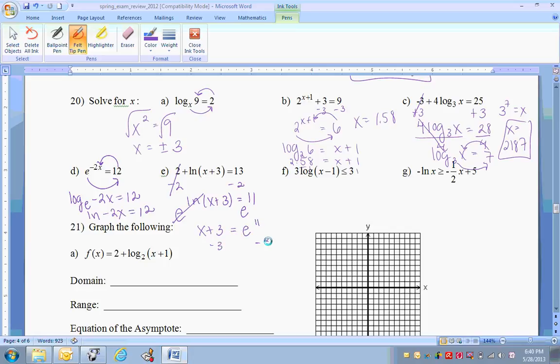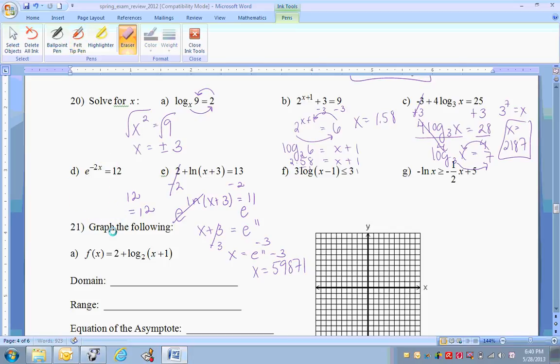Well, then you're going to subtract 3. So x equals e to the 11th minus 3. And when you type that in your calculator, you end up getting x equals 59,871.